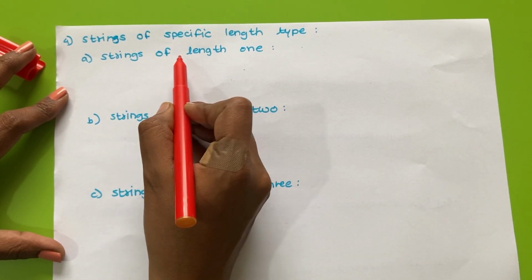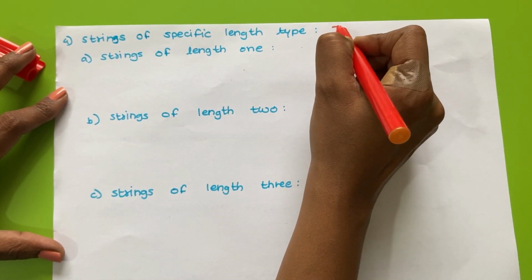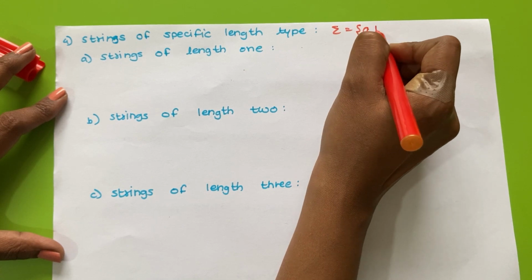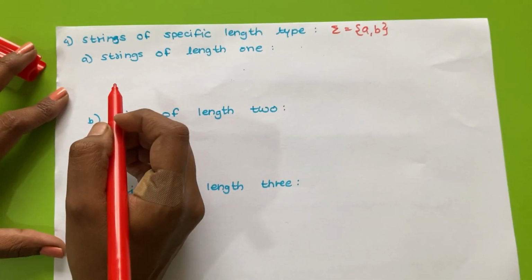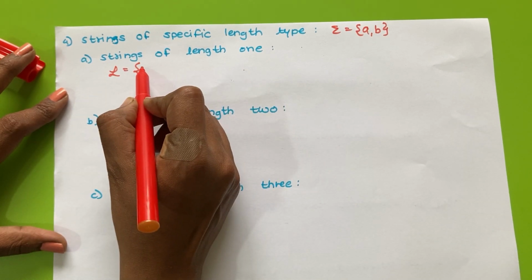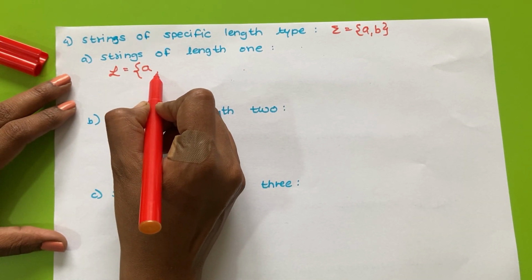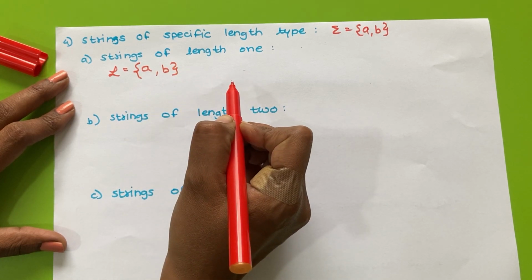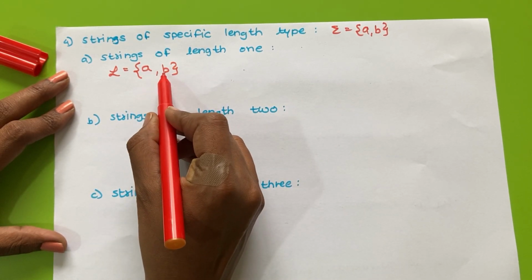So strings of length 1, already we have sigma equal to {a, b}, so this set L will include either single a or single b, because these are of length 1 only.